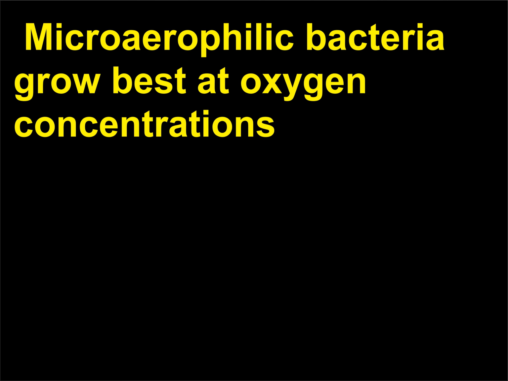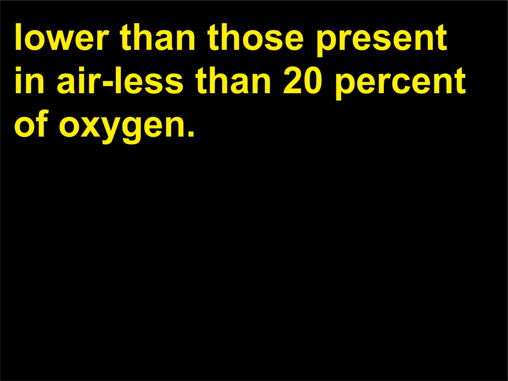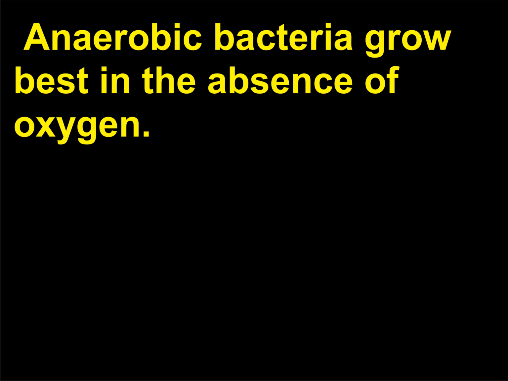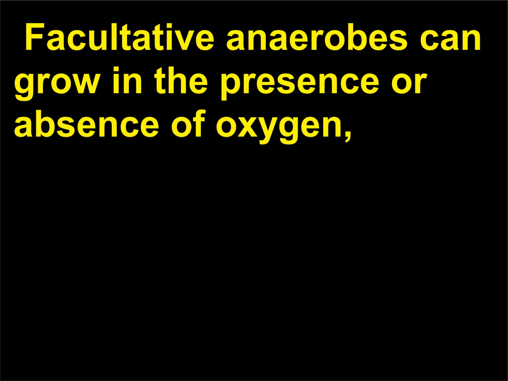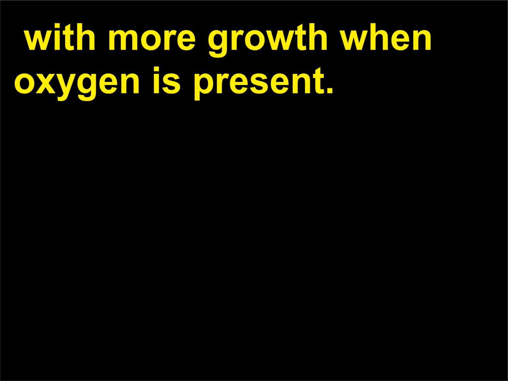Microaerophilic bacteria grow best at oxygen concentrations lower than those present in air, less than 20% of oxygen. Anaerobic bacteria grow best in the absence of oxygen. Facultative anaerobes can grow in the presence or absence of oxygen, with more growth when oxygen is present.